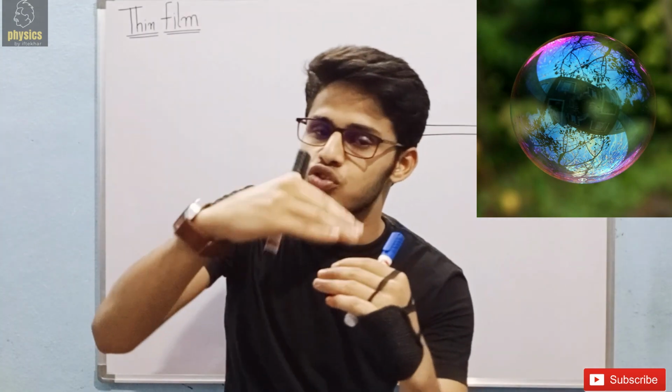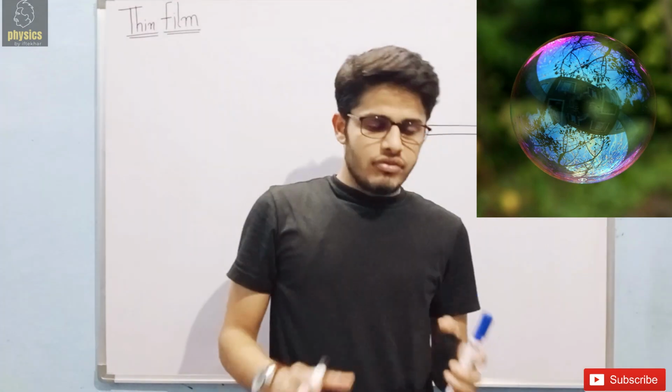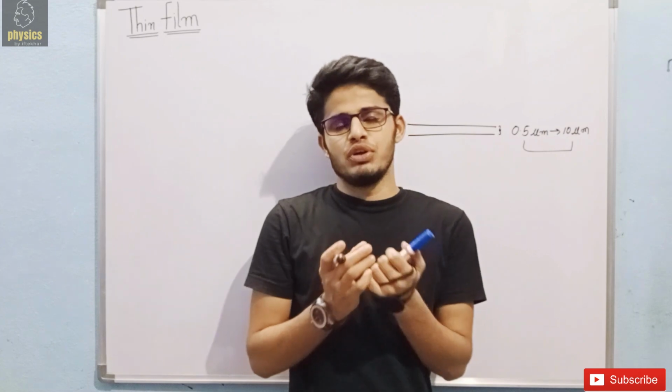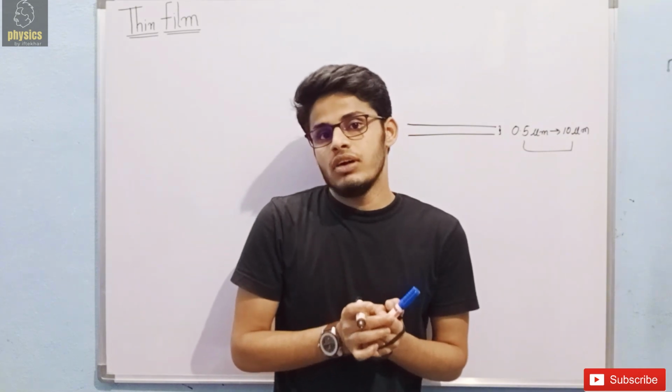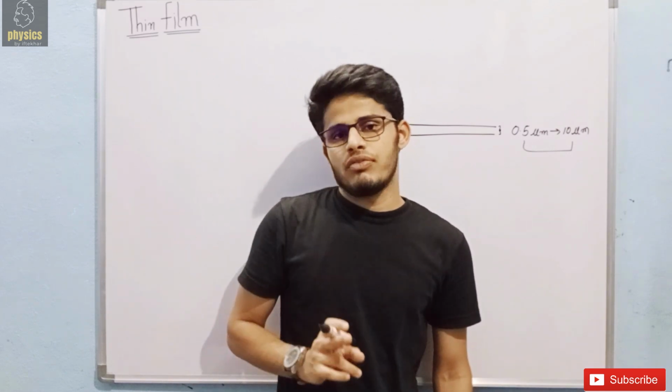That is the reason why we see the colors. In nature there are so many beautiful phenomena, and we can give explanations for all of them with the help of physics.